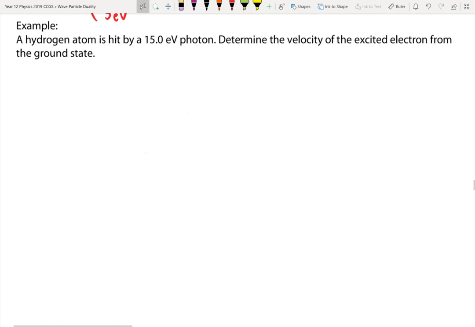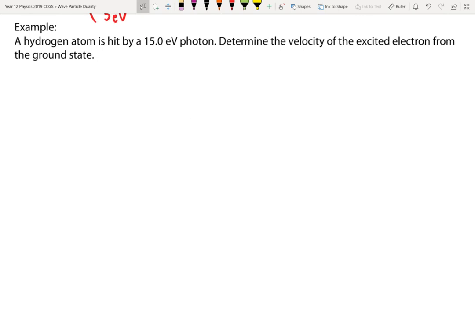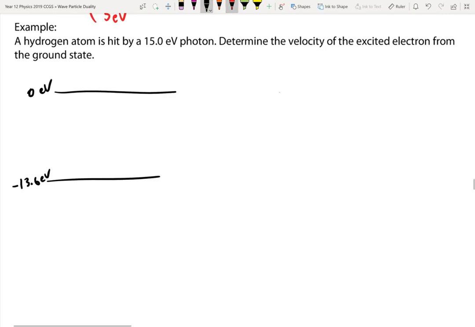Last lesson we learnt that for hydrogen, the ground state is negative 13.6. So just a very simple diagram again: negative 13.6, 0. In comes our photon, and then obviously that residual energy is going to be kinetic. So energy of photon equals, well, what would the equation be?